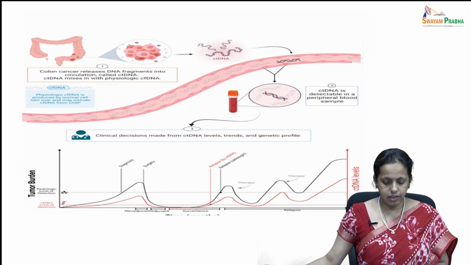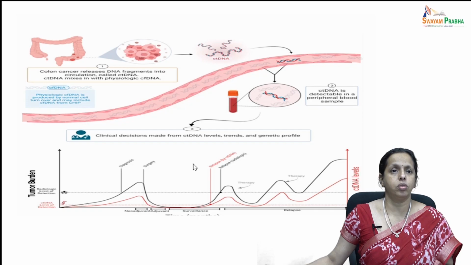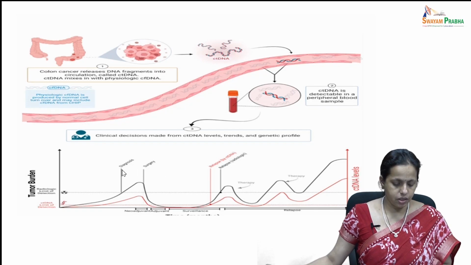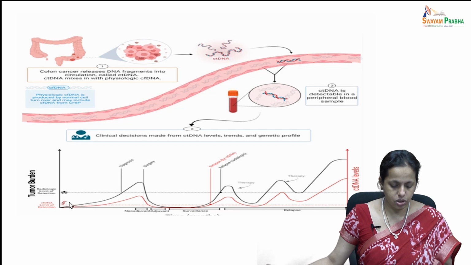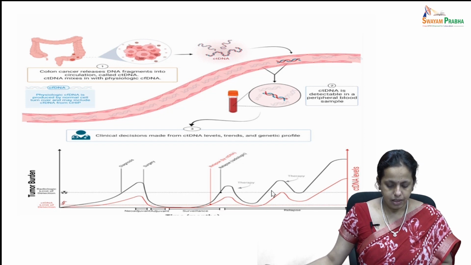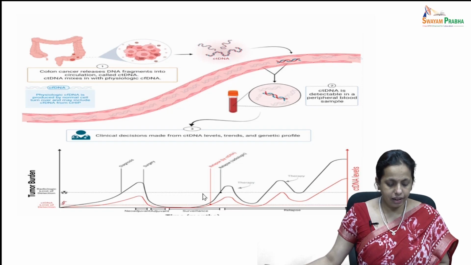You can clearly see this during the treatment response as well: at the time of surgery, at the initial point before the response, that is the zero stage, and then at relapse. You can clearly see how the ctDNA levels increase as time progresses.